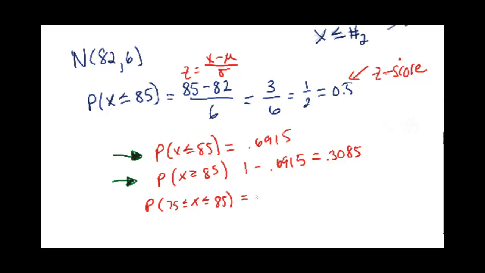So what we need to do for this is find less than 85, and then we need to find less than 75, and then do this number minus that number. Again, conceptually, the way it looks is like this.